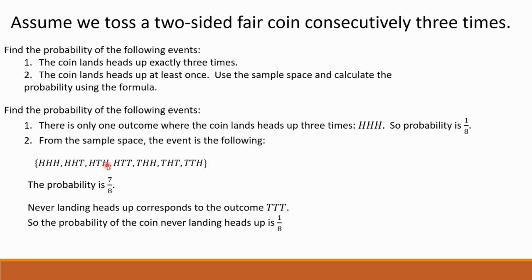All these outcomes, as you can see, the coin lands heads up at least once. At least allows more than once. So 3 times is still a possibility. We're not saying exactly once, we're saying at least once. We get 7 out of 8. Again, this event is 3, 6, 7, and there are 8 possibilities altogether.